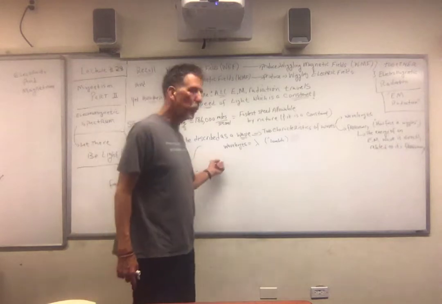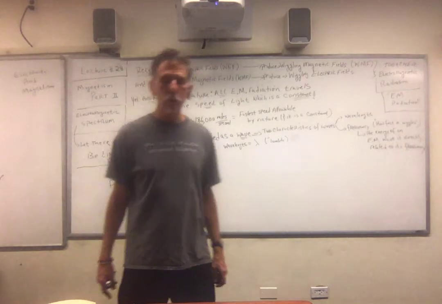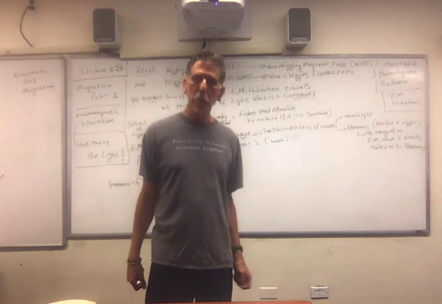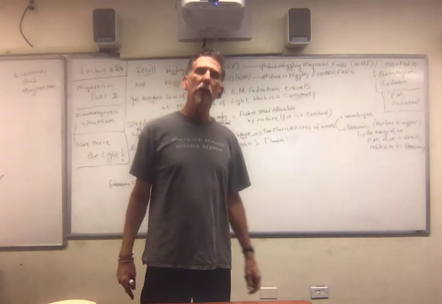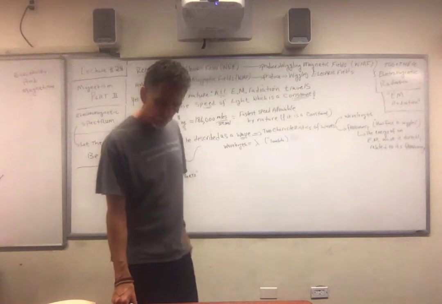The wavelength can be measured in meters, nanometers, micrometers, kilometers, anything. So the distance between wiggles is called the wavelength, the minimum distance between a repeated part.